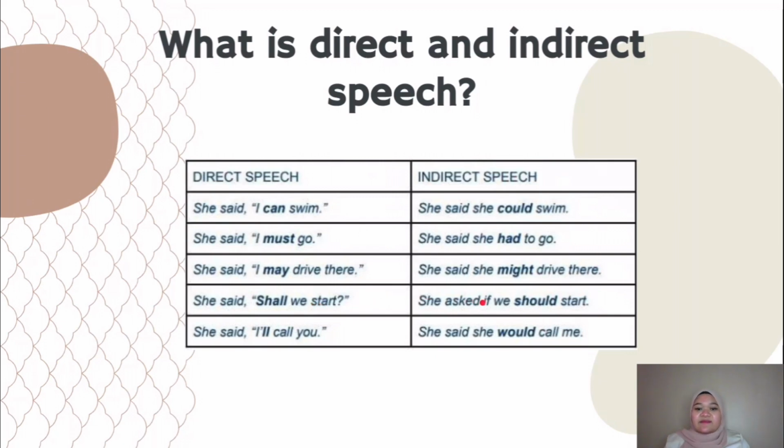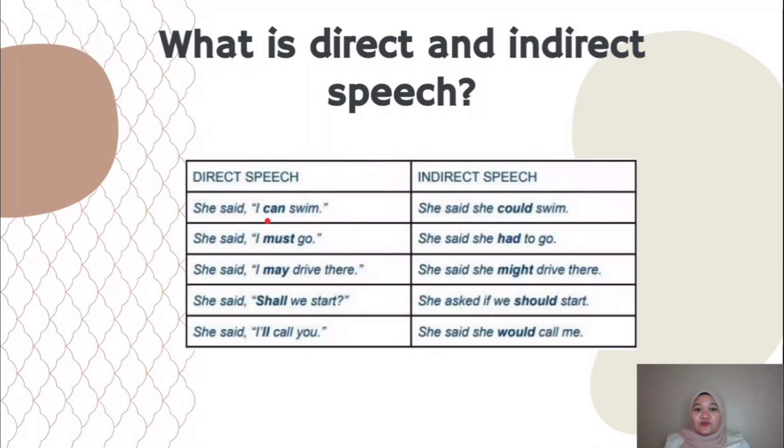However, in indirect speech, it says she asked. Okay, because there is a question mark, so it portrays that someone asked. Okay, and the last one, she said, "I'll call you." However, in indirect speech, it will become, she said she would call me.